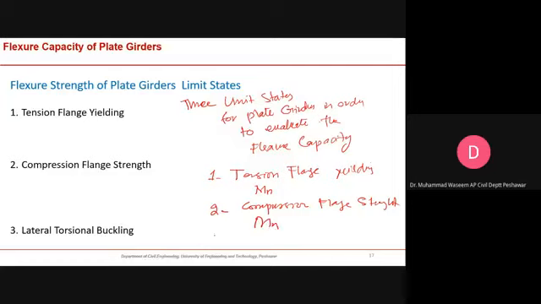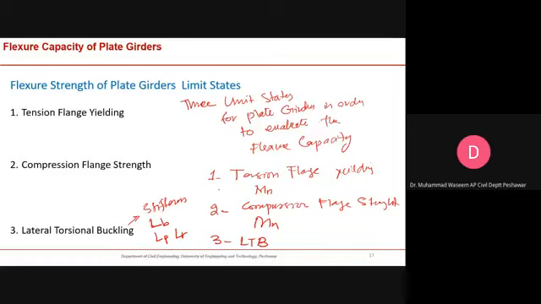And the third is LTB, which you are familiar with. This is related to the stiffeners, the vertical stiffeners. You have to calculate LB and compare it with LP and LR.